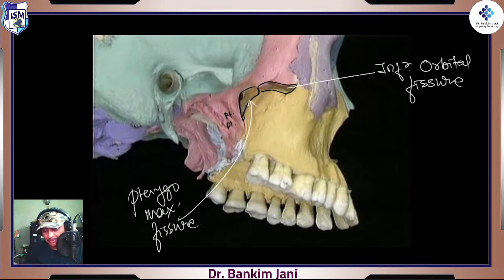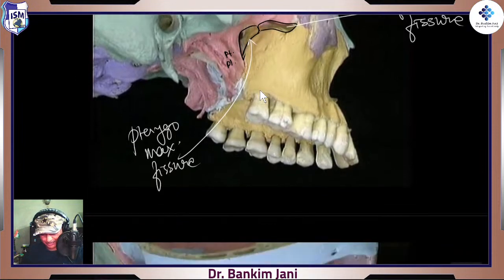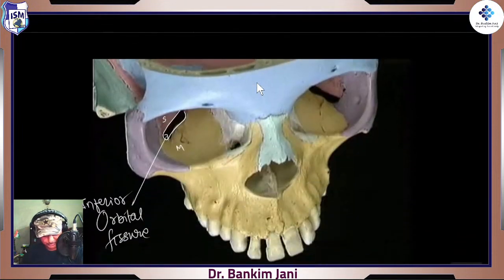So that means the structures which will be coming out from pterygopalatine fissure, they will be coming in contact with the temporalis muscle, because that is temporal fossa, right? Okay. So yeah, we saw this, right? And this inferior orbital fissure, this is also the opposite side inferior orbital fissure.